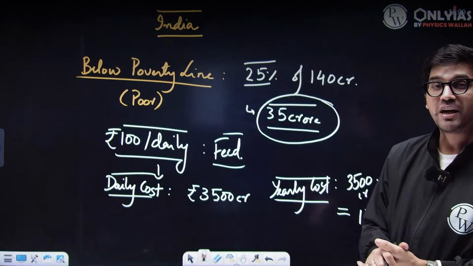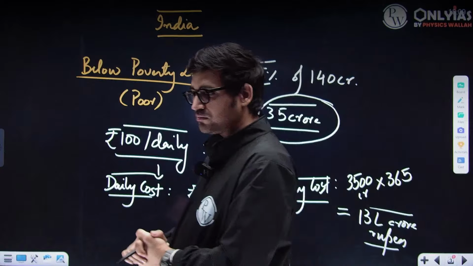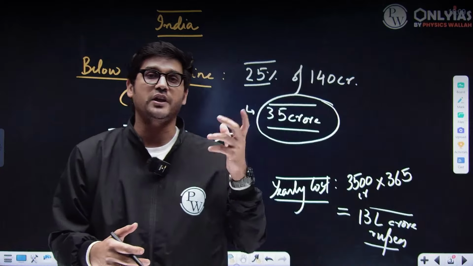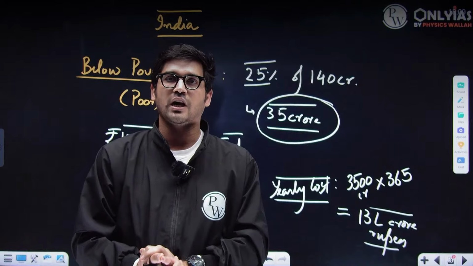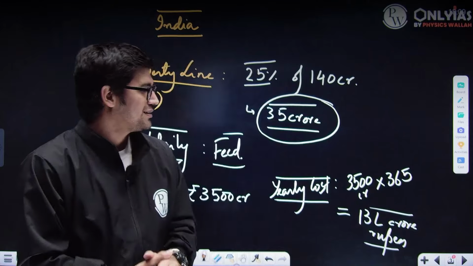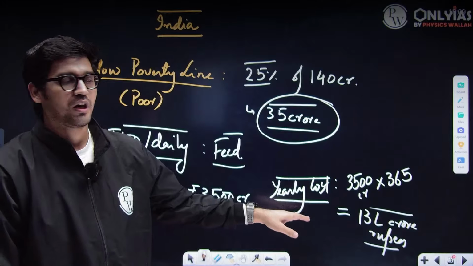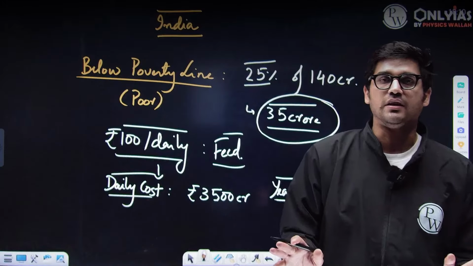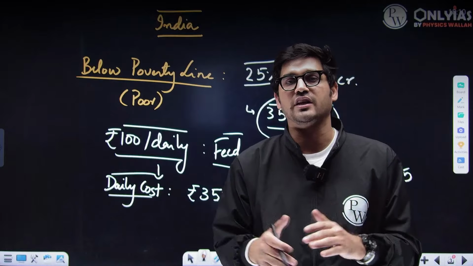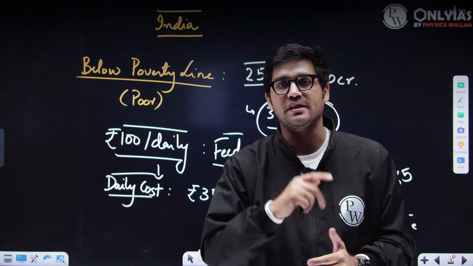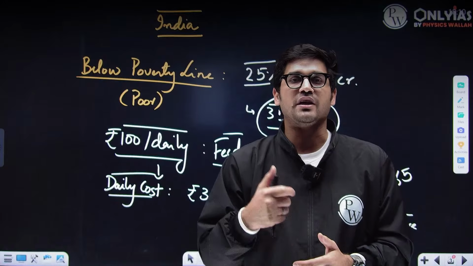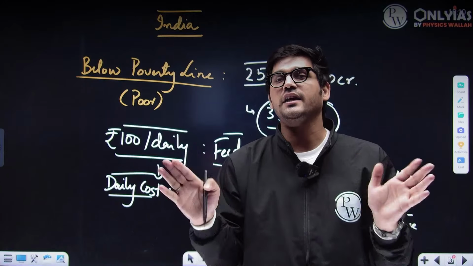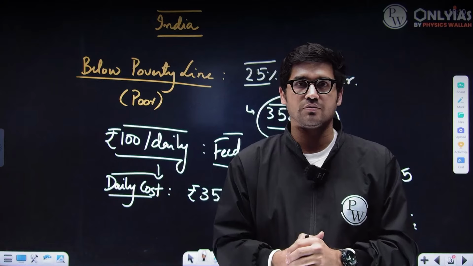Is this a big imagination? Is this quite a lofty objective? How many of you think that this is possible? Of course, the government can spend 13 lakh crore rupees every year just so every poor person in India can at least afford to eat twice every day. Give me a yes, give me a no. Is it theoretically possible for the government to do this?